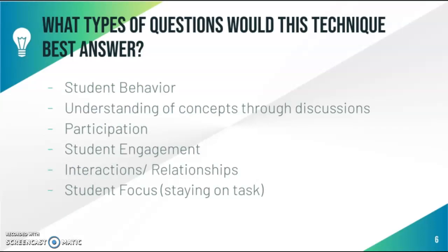This technique would best answer questions about student behavior, understanding concepts through discussions with students, participation, student engagement, interactions and relationships, and student focus, where you're looking at how long a student is on task or off task.